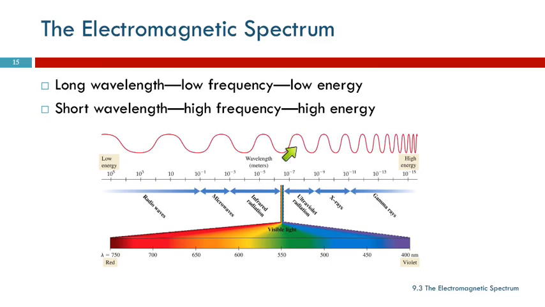As we go over here, the wavelength gets shorter and shorter, and this is high energy. If you imagine this little bit passing you at the same rate of speed as this bit over here, this is going to be high frequency, right? High frequency, short wavelength, high energy. This is low energy, long wavelength, low frequency.